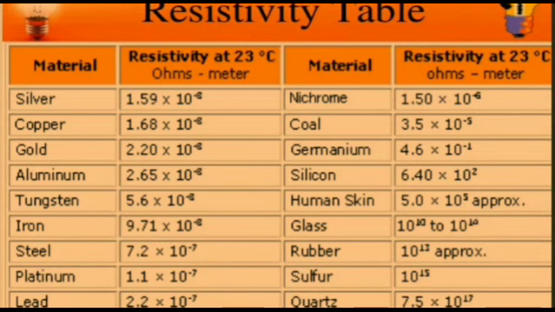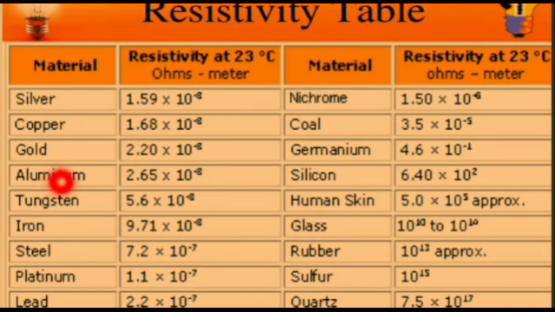Now come to the resistivity of materials. Nowadays we are using many types of materials. They have resistance and resistivity in ohm meter. Silver has resistivity 1.59 times 10 to the power minus 6, and copper has resistivity 1.68.